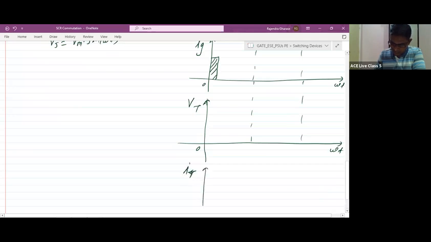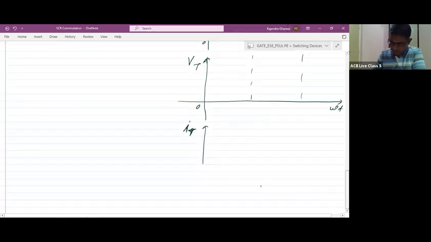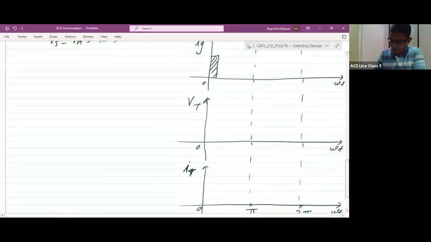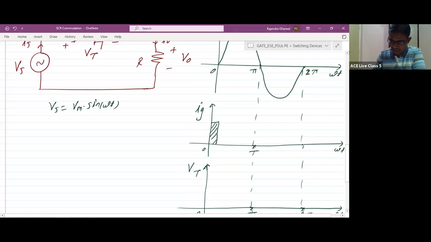Let us consider it as IT. This is pi, here it is 2 pi, right? Here it is pi, here it is 2 pi, okay. Similarly, here it is pi and here it is 2 pi, right?